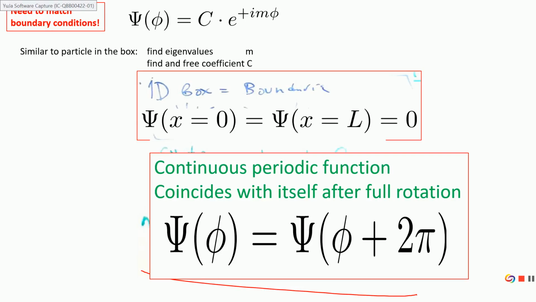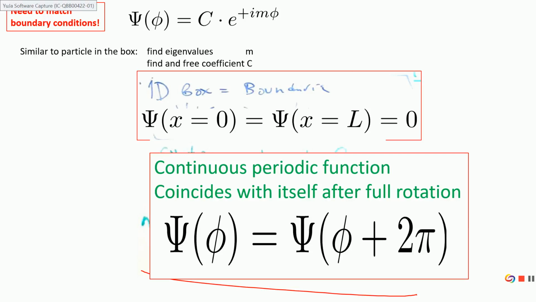Free space was free, and our rotations are confined, same as a particle in a box. Not exactly the same, but similar. If in the particle in a box there were boundary conditions of 0 at the edges, here it is a new type of boundary condition.